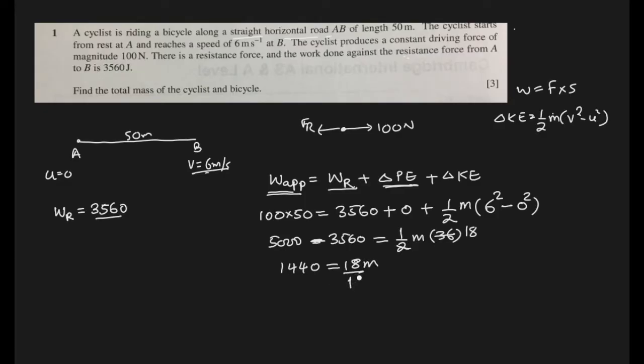Divide both sides by 18. So 18 times 8 is 144. So m becomes 80 kilograms. This mass of cyclist and its cycle is 80 kilograms.